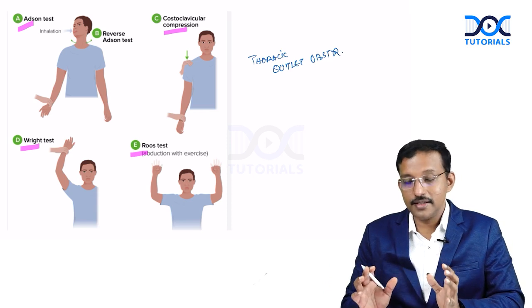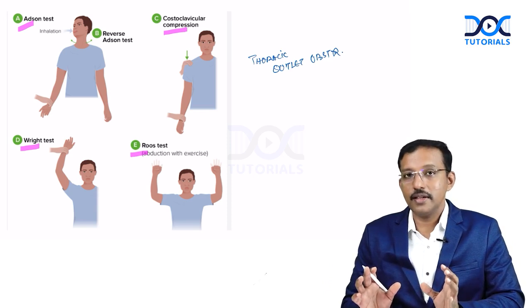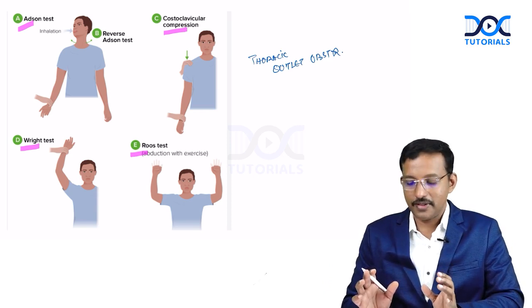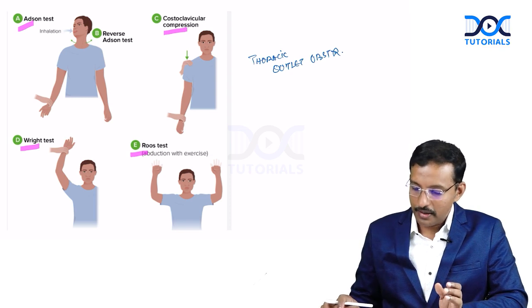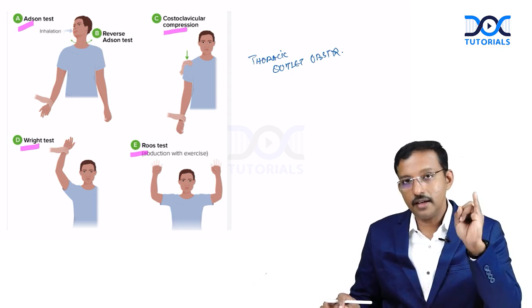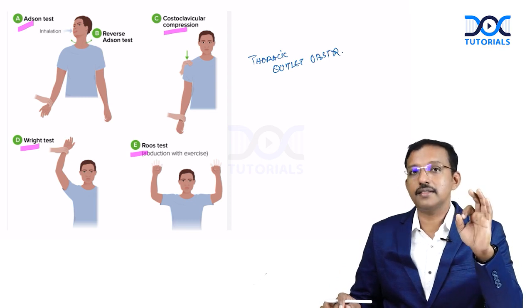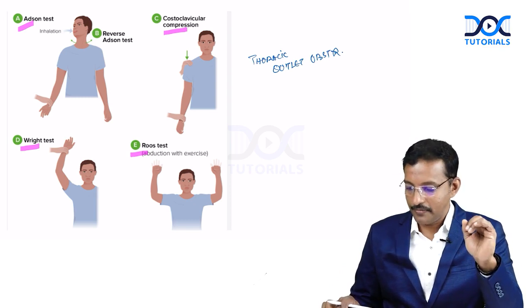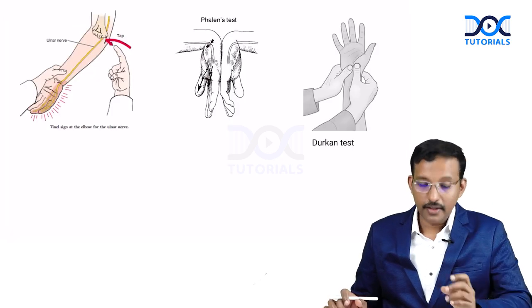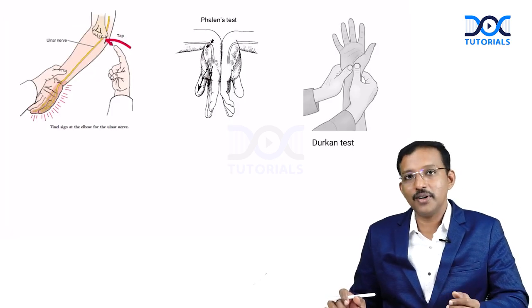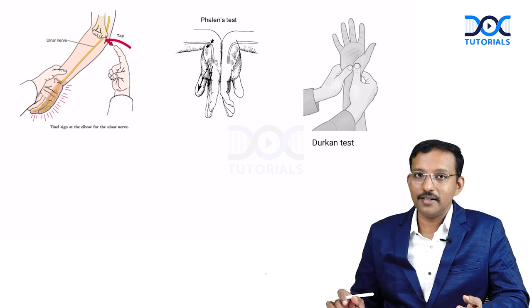So this is essentially done in any case when there is an SVC or a thoracic outlet obstruction. Remember these tests: Hudson, Wright, costoclavicular compression, and the Roos test.